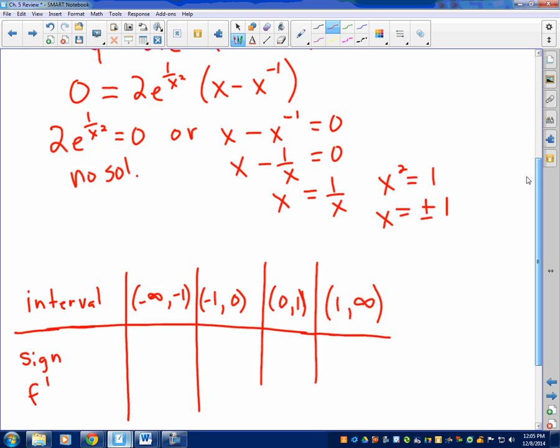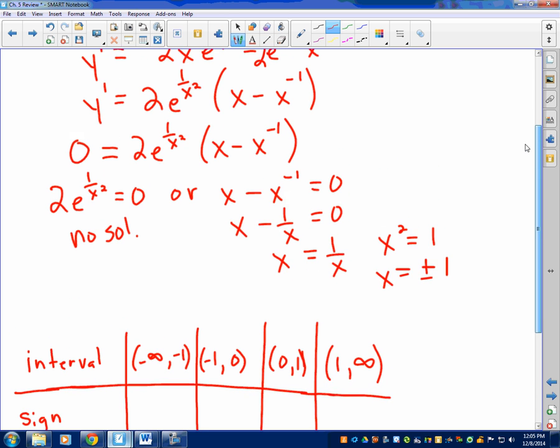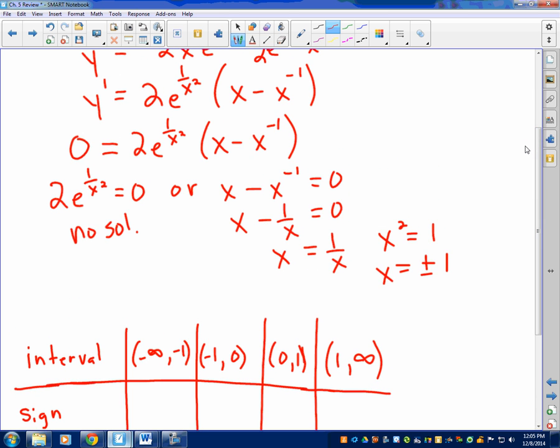So I'm back up to y prime. I think I would use this version of y prime. Let's go ahead and break this up a little bit and see what we can figure out. If I plug in, for example, a -2, what's the sign going to be? I don't care what the value is, but can you figure out the sign just by looking at it?